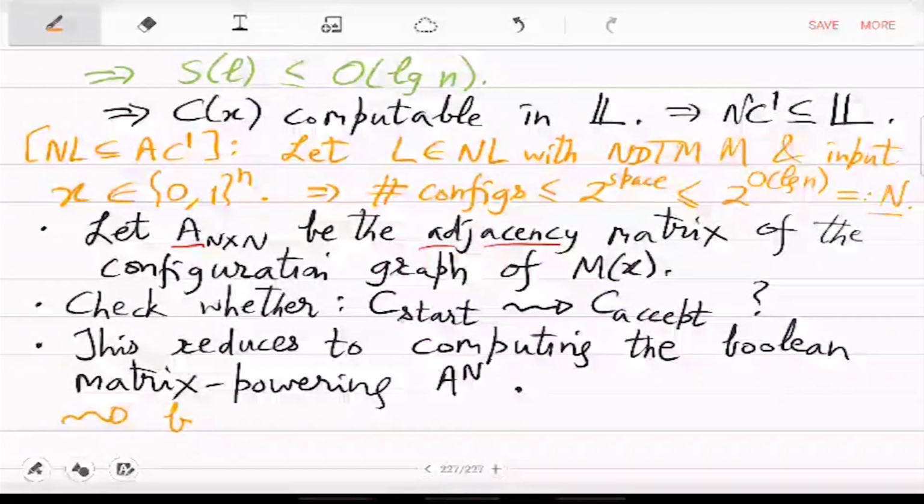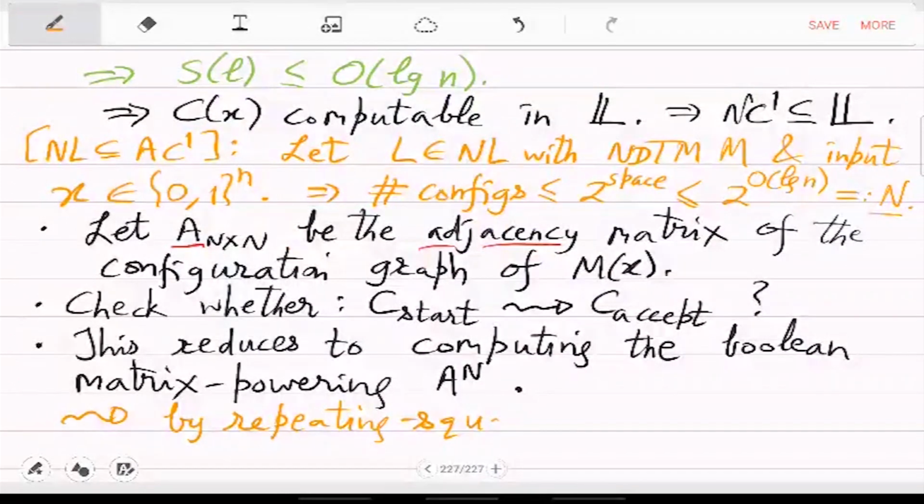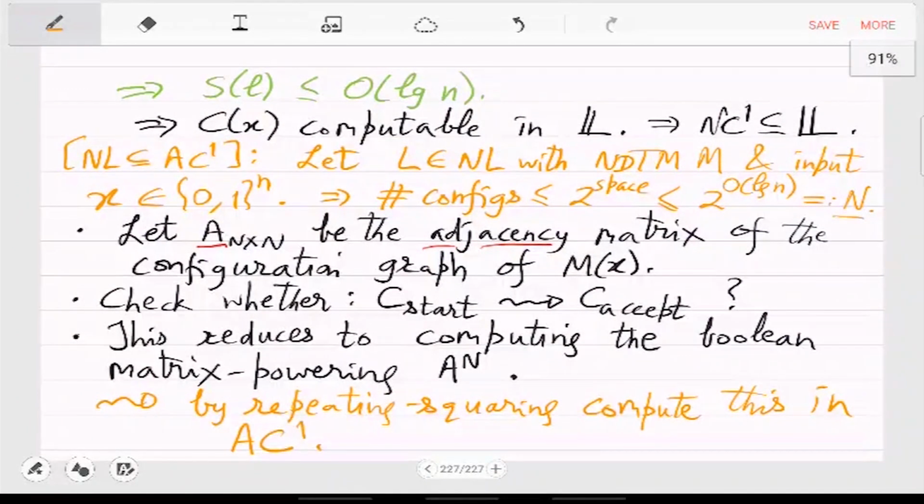So by repeated squaring compute this in AC1. This you can do easily. So again NL in AC1, what you do is you express this as a matrix powering question.